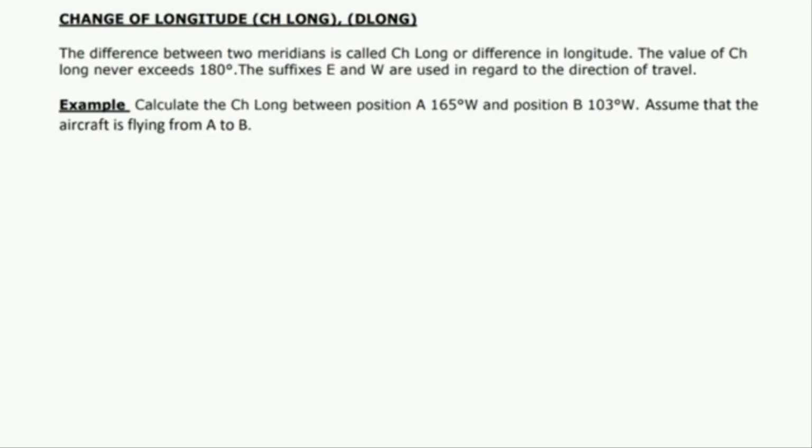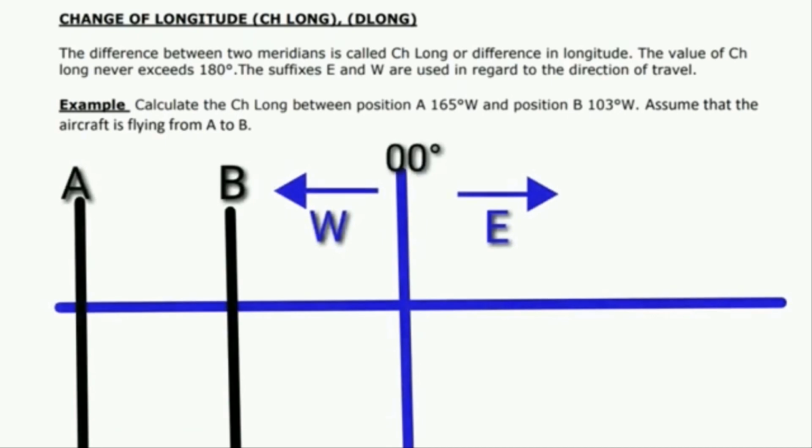Example: calculate the CH long between position A 165 degree west and position B 103 degree west. Assume that the aircraft is flying from A to B. As you can see, the position of A is 165 degree west from the 0 meridian and B is 103 degree west from the 0 meridian.